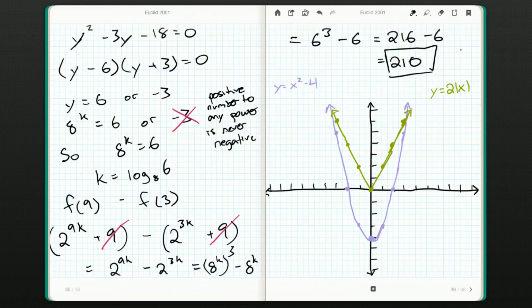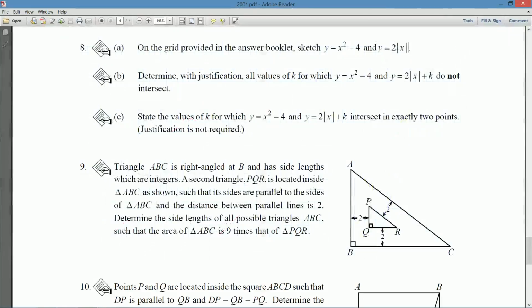Now I'm a little hesitant because, as I mentioned, this has a written symbol beside it, so I would think that maybe they want some explanation, but I really don't think there's a whole lot of explanation that you can give. You could probably give a table of values. I mean, we plotted some points.